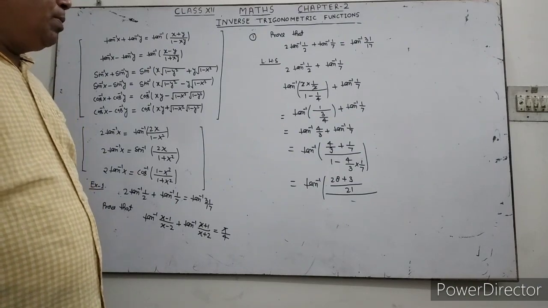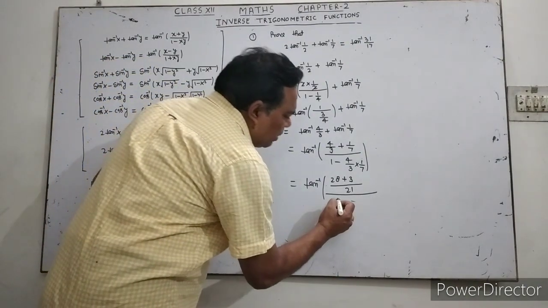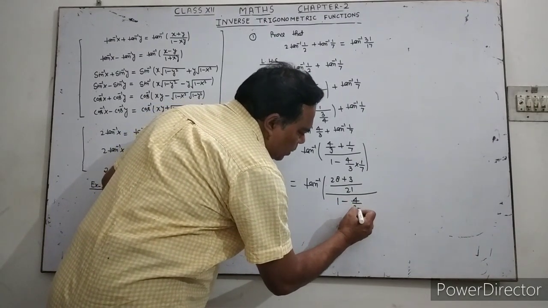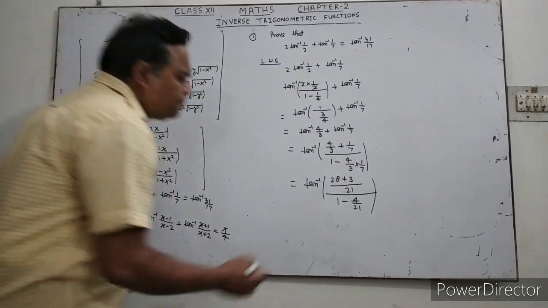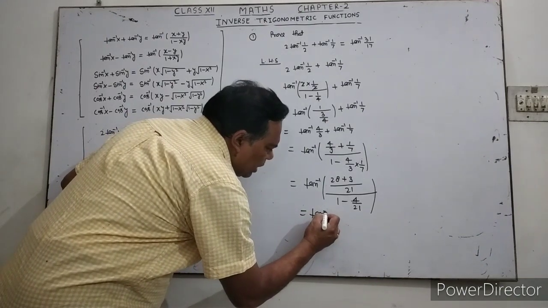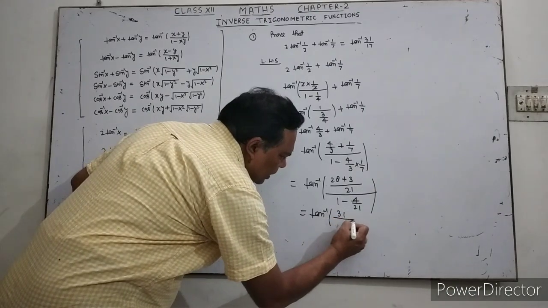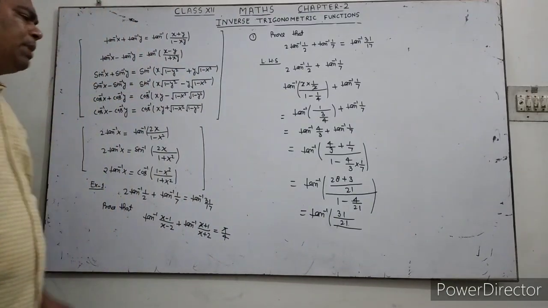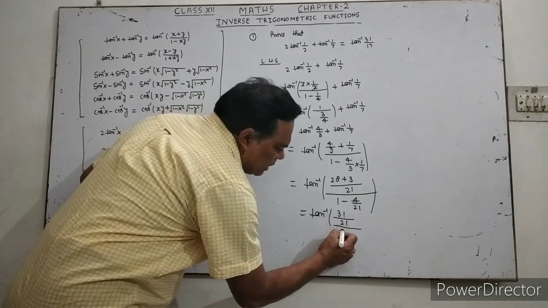1 minus 4 by 21. This is 31 upon 21, and the denominator is 21 minus 4, which is 17.